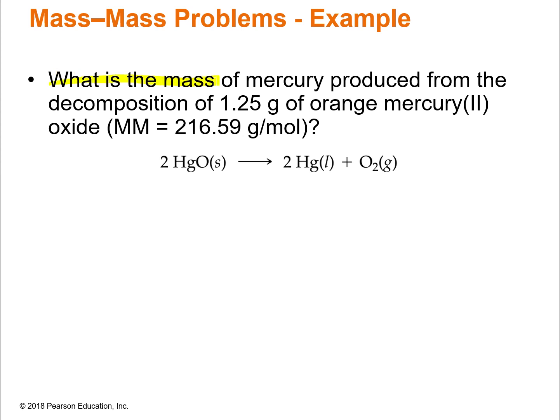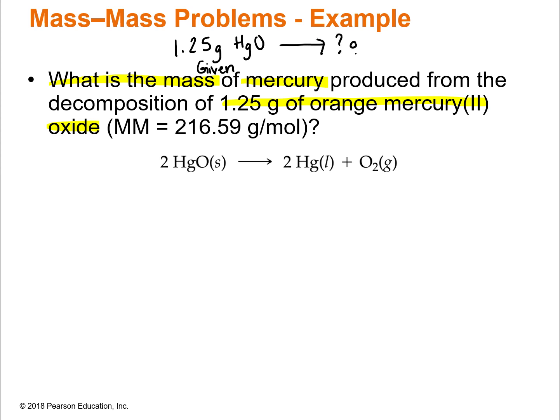What is the mass? That tells you that we're looking for a mass of something, right? We're looking for the mass of mercury. And we're told what we're starting with: 1.25 grams of mercury 2 oxide. And that's what we're given.